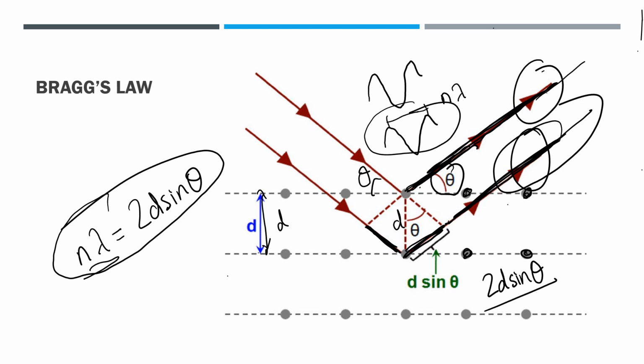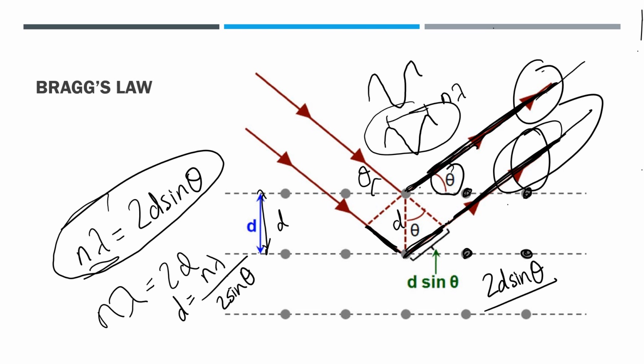Now that means I know that an integer times whatever wavelength of light I was shining, which is in some X-ray range, is equal to 2 times d times sine theta, where that theta is the angle such that I got that extra bright spot, such that I got the constructive interference. So I can plug that sine theta in. Now I have a value for sine theta, and I can solve for d. d is going to be equal to n lambda over 2 sine theta.